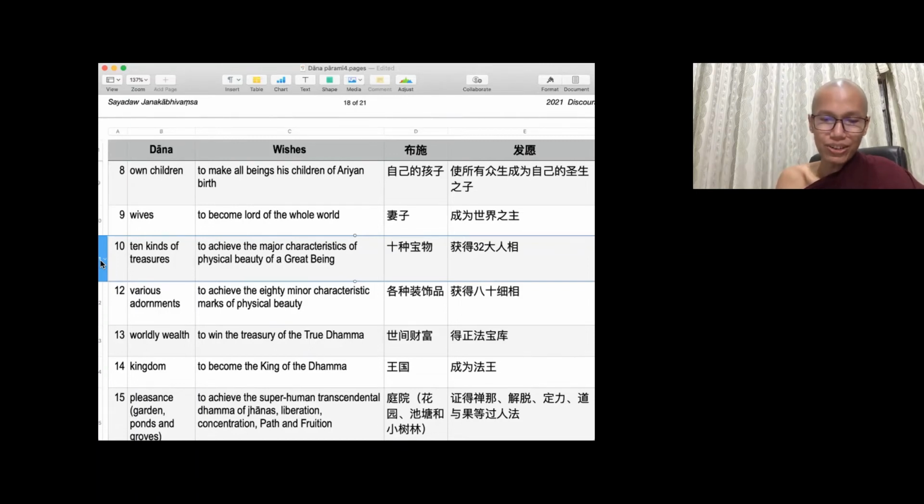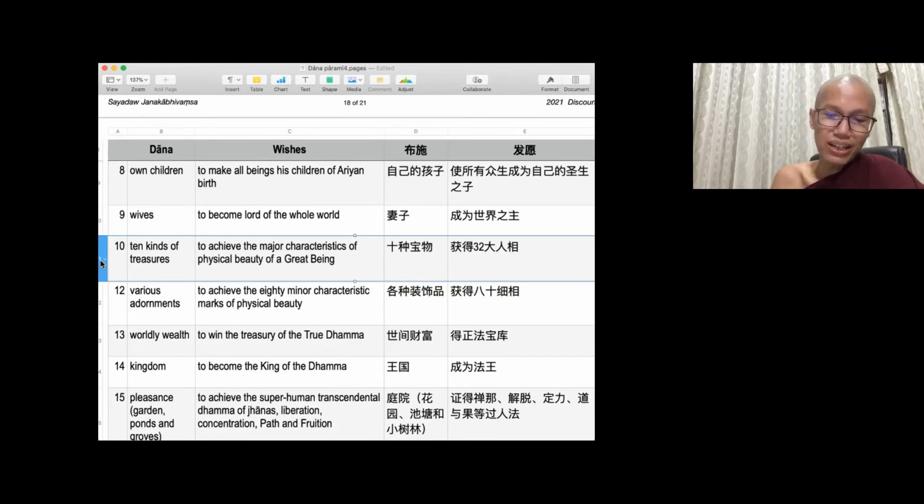This is one sign. Now that they have a crown, this is a kind of sign. Like that, there are many signs, 32 major signs on the Buddha's body. To get those signs, the Bodhisattva donates ten kinds of treasures.